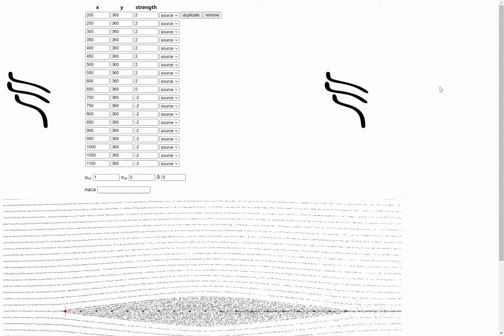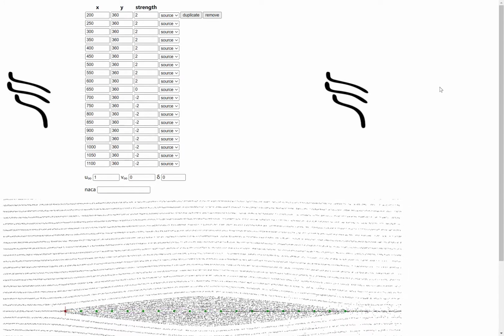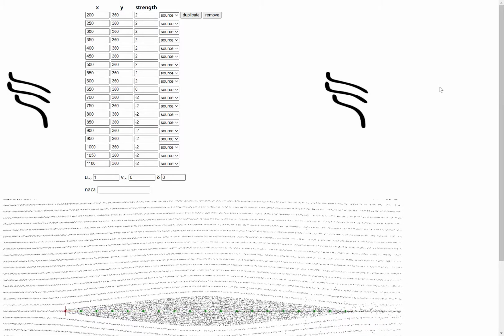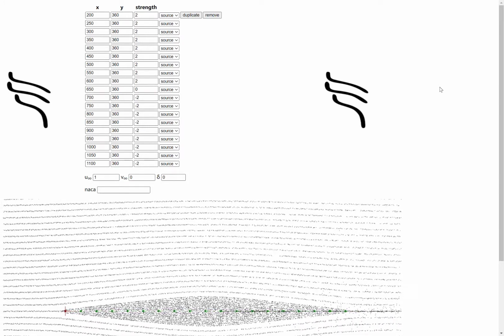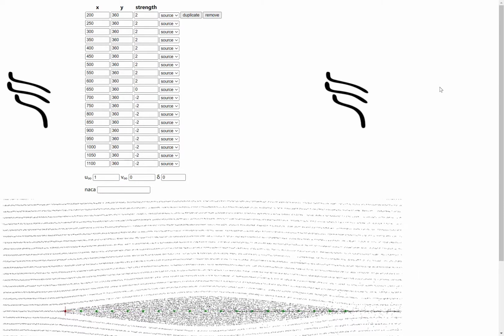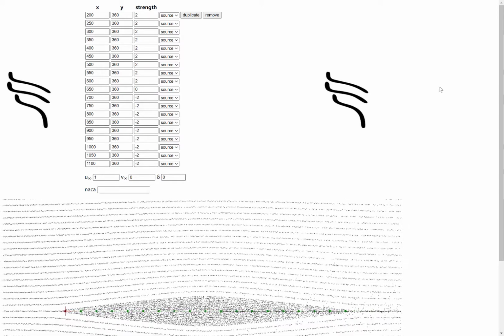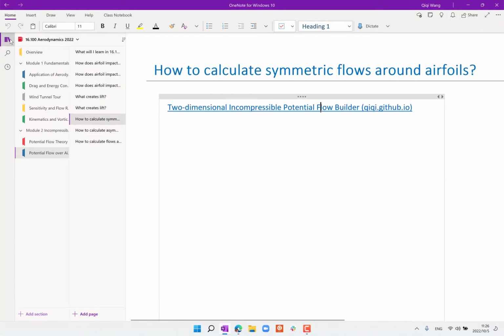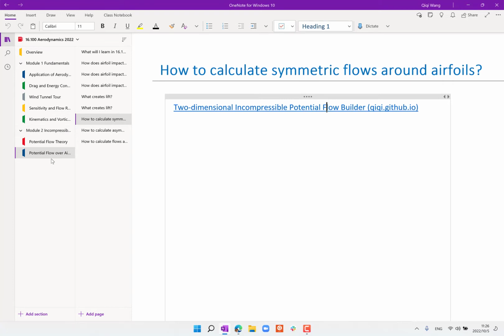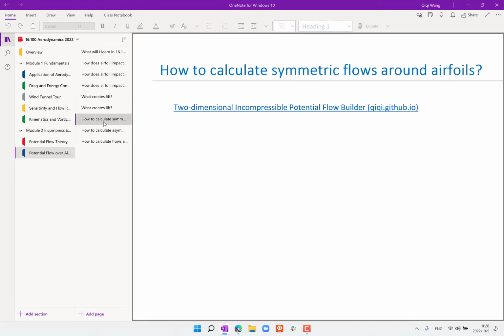I think this page is probably the seventh page, the third one from the bottom.